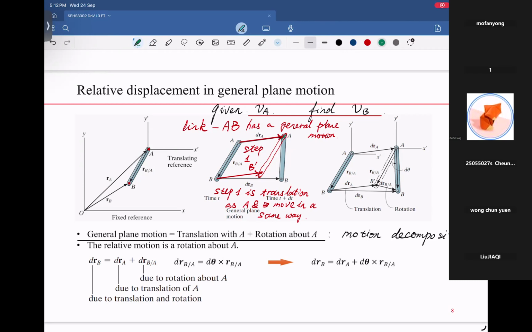In step 2, let's take A as a rotating center, and let AB rotate about A, so B prime rotates to point B, right? We call this rotation step 2. So step 2 is a rotation about A.